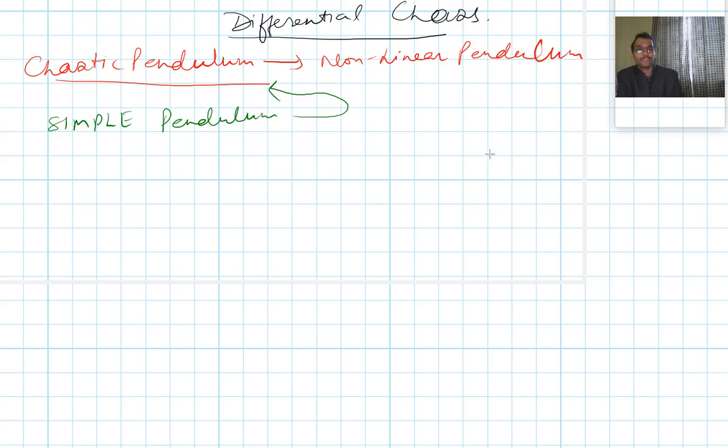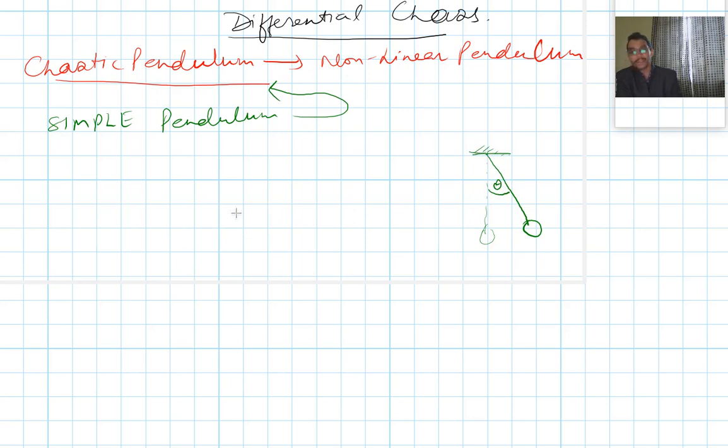So pendulum means a bob is attached vertically downward, and when some force is exerted on it, it will go like this. So different forces act on it if it is a simple pendulum, right? This is the angle, the angular displacement given to it, and it is fixed at this end.